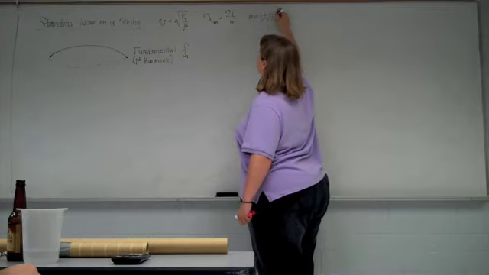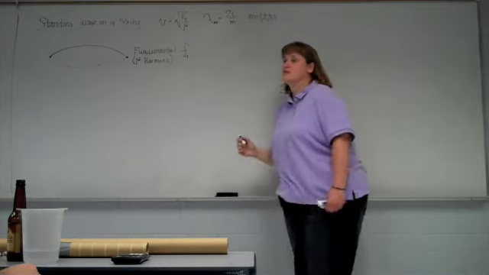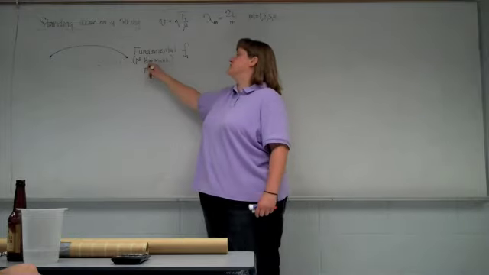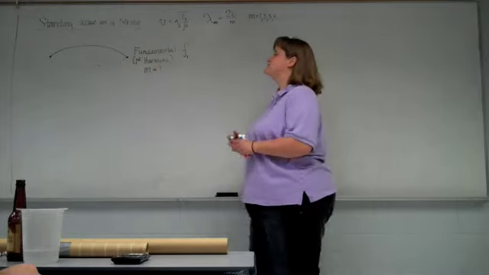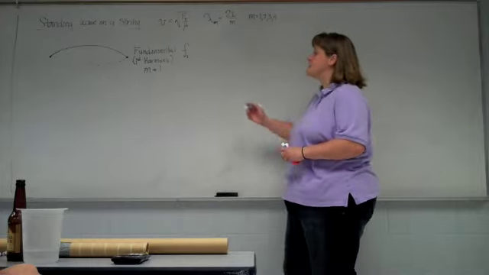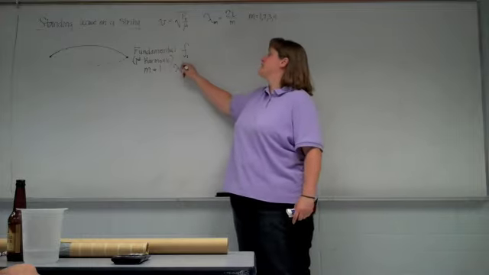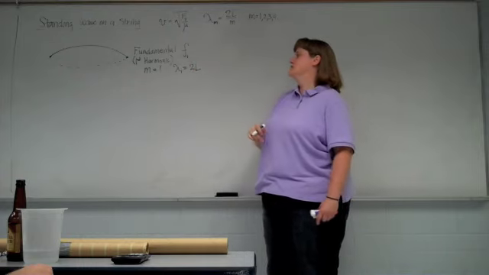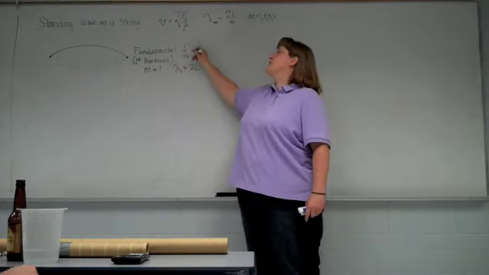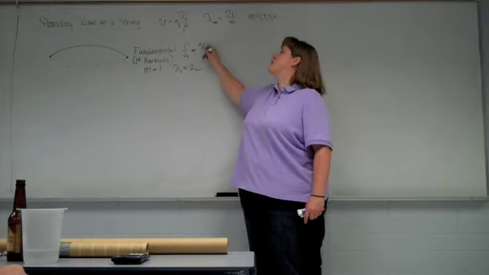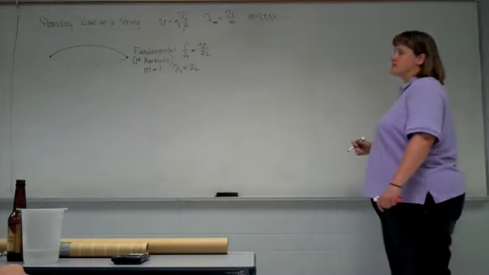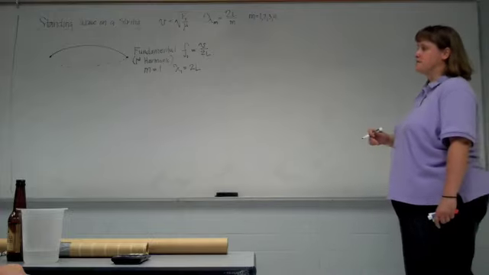It's a whole number, 1, 2, 3, 4, and so forth. M equals 1 is our fundamental, our simplest pattern. That means our wavelength, if m is 1, is 2L. So the frequency will be the speed over the wavelength, which is 2L. So the fundamental frequency is v over 2L.